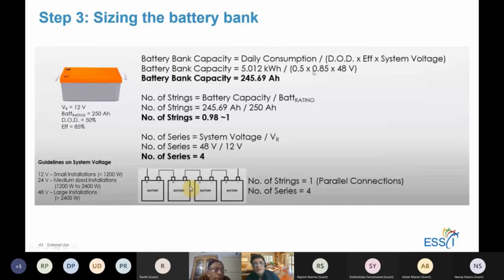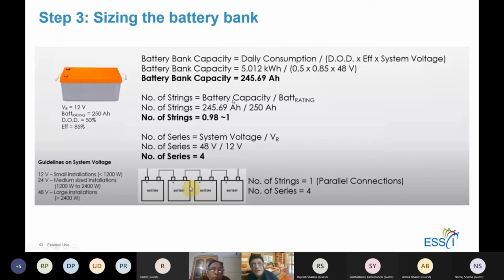If you take this at 48 volt, you are talking of a battery bank capacity of 245.7 ampere hour. What we are doing is we are selecting a battery rating of 250 ampere hours, or we can select 2 batteries of rating 150 ampere hour each. That's another option.